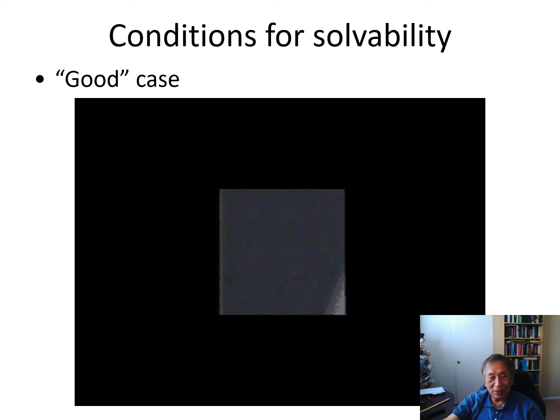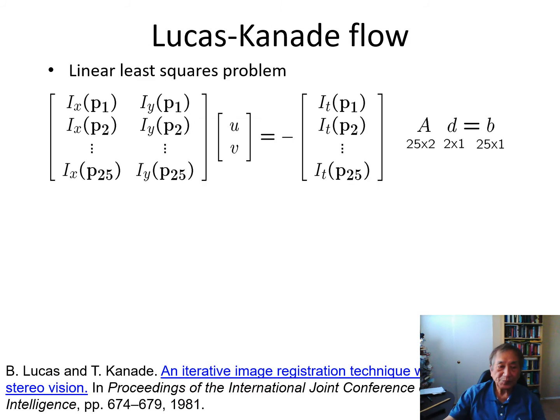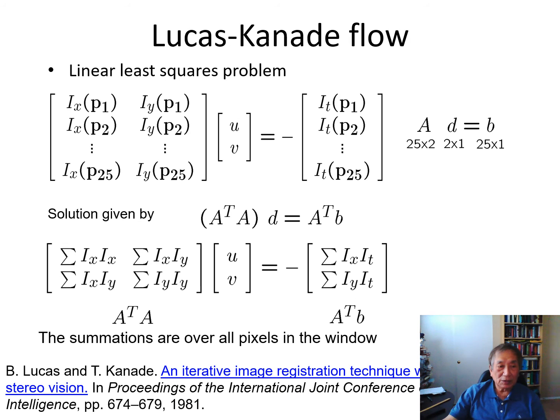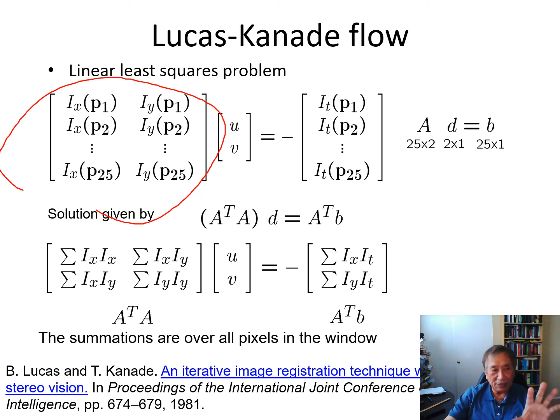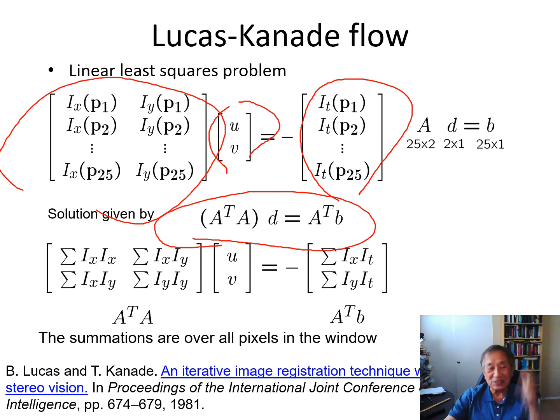But this way, if it keeps moving like that, then it's much easier to detect the motion. So I'm not going to go into the detail, but the idea is again each pixel has some vector of intensity that you solve, and you get the most consistent information you can get.